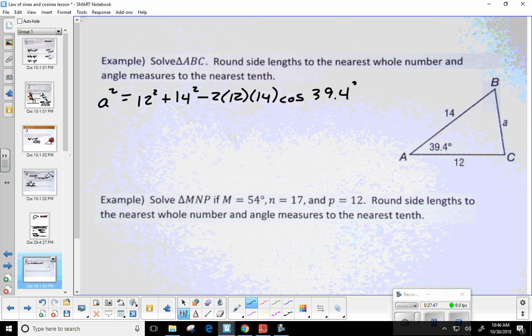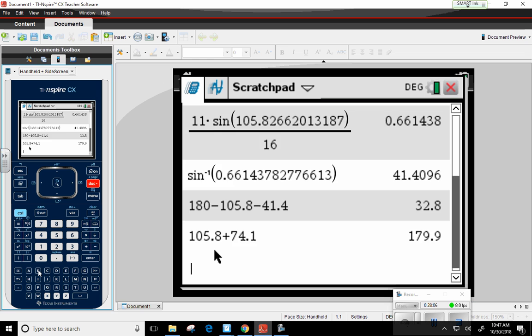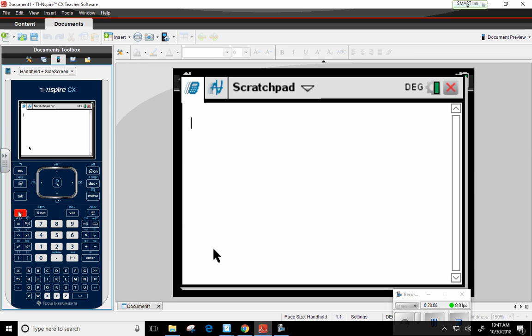Does anybody notice anything different about this one? Yeah, isn't it already solved for what you're looking for? The only thing you have to do is just put everything below a square root. You don't have to manipulate this at all. Okay, so let's go ahead and plug it in and see what we get. So I'm going to put a big square root in there. So control x squared.